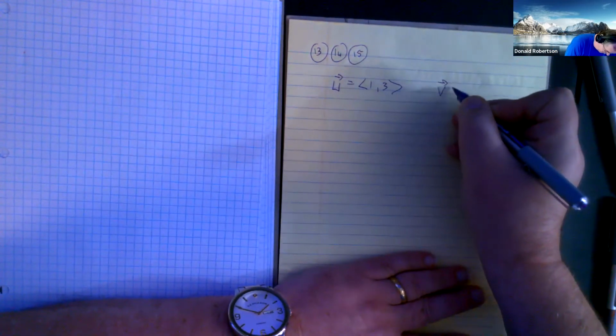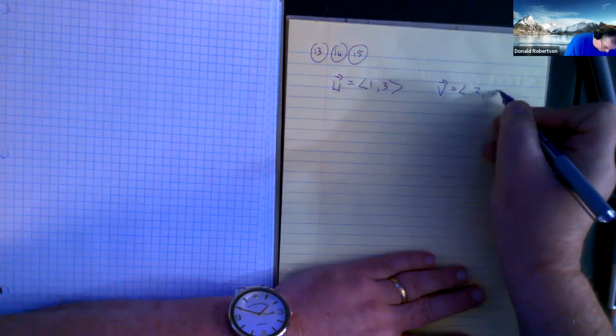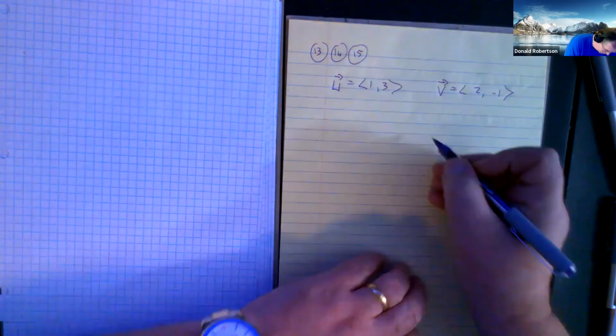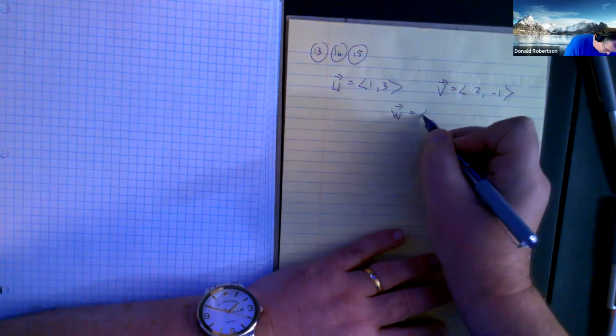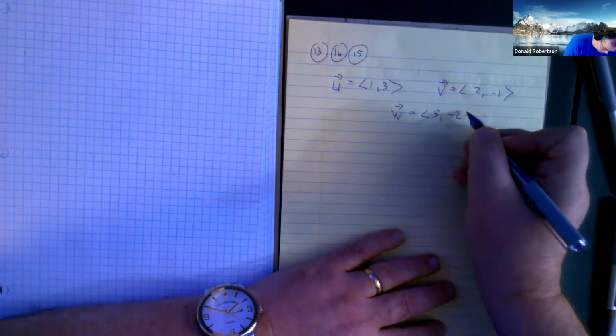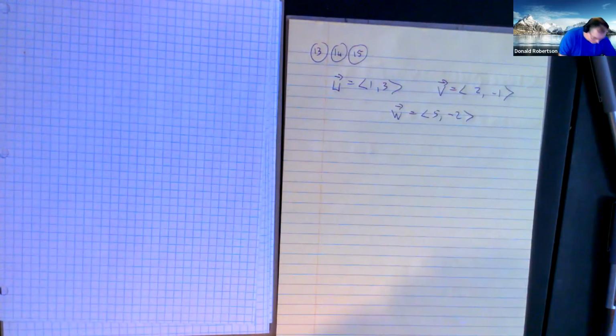So imagine I give you a vector u, (1, 3), and a vector v, (2, -1), and a vector w, (5, -2). Suppose you get 3 vectors.